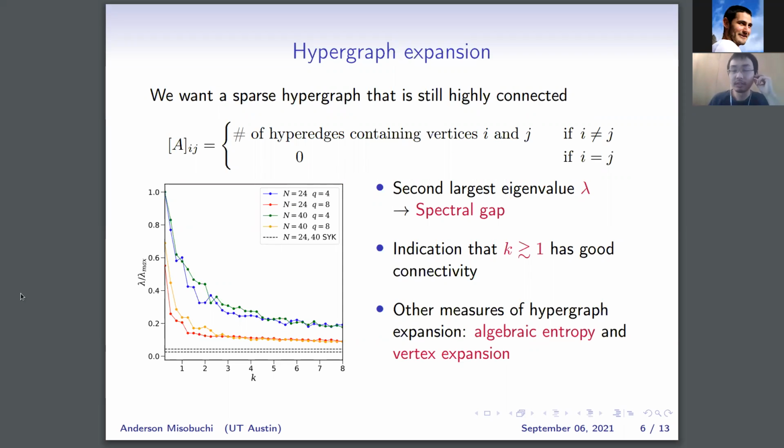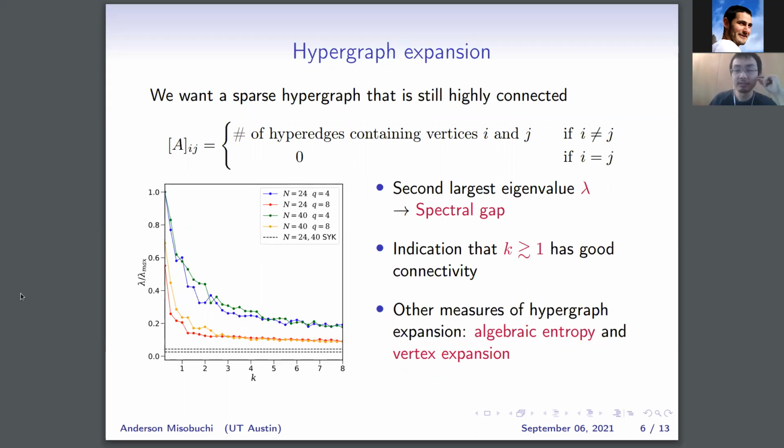And to gain some intuition about the sparse model, this hypergraph language is also useful because there are several known measures that quantify the connectivity in this hypergraph. What we want is to make the hypergraph more sparse, but in such a way that the connectivity is still high, as compared to the ultra SYK model.